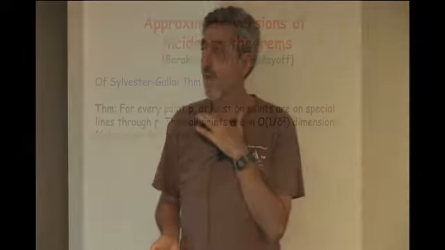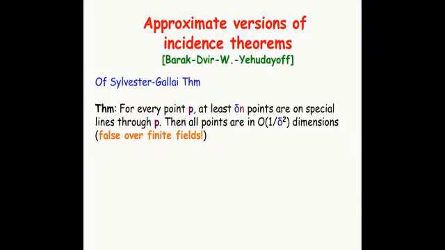This approximate version of the Sylvester-Gallai Theorem says that if for every point P, at least delta n of the points are on special lines through P, then the whole configuration must be confined to a low-dimensional space, with dimension a constant depending on delta, 1 over delta squared. So that's the approximate version. We don't know if it's tight. 1 over delta is certainly a lower bound, and we are somewhere between 1 over delta and 1 over delta squared. And I'll tell you something about this theorem.